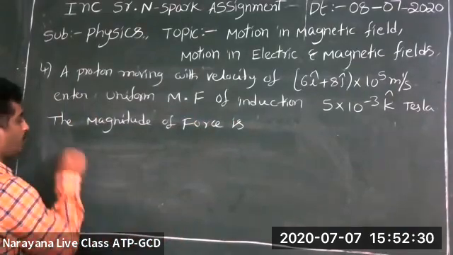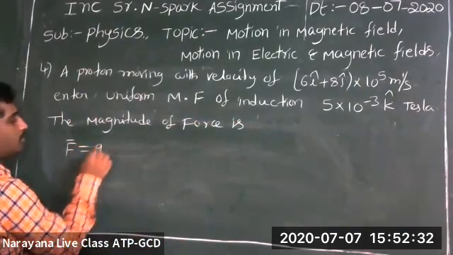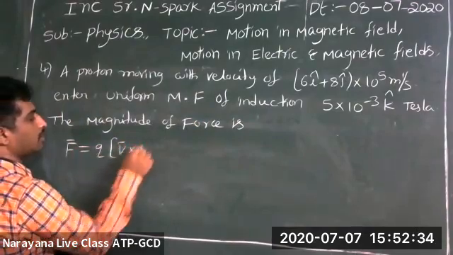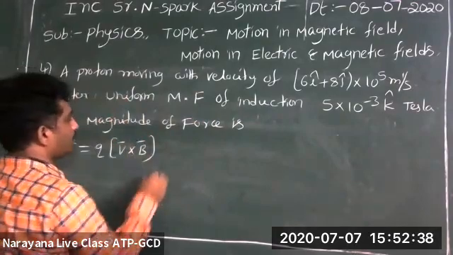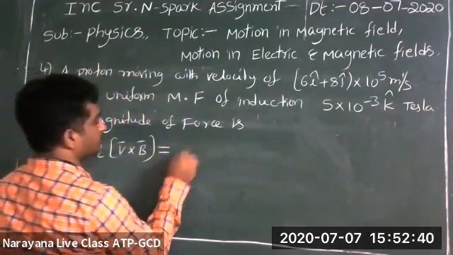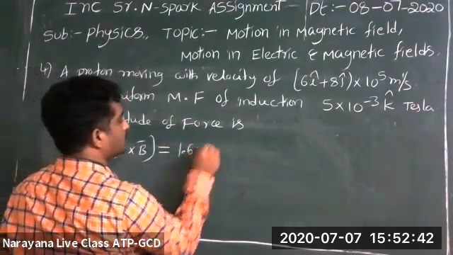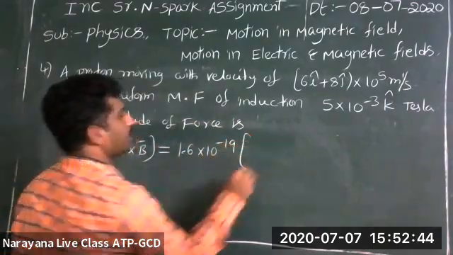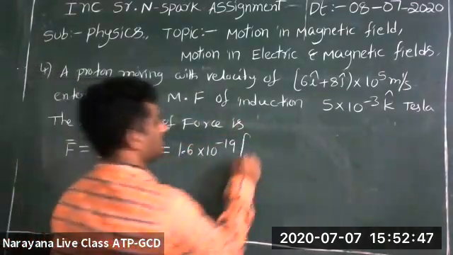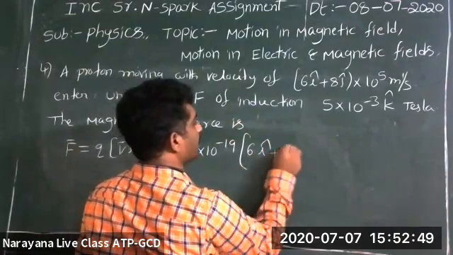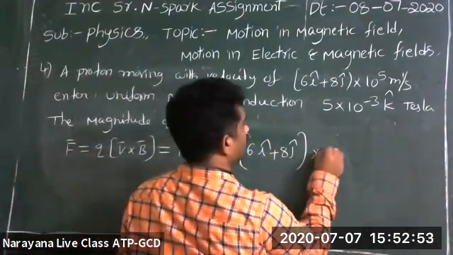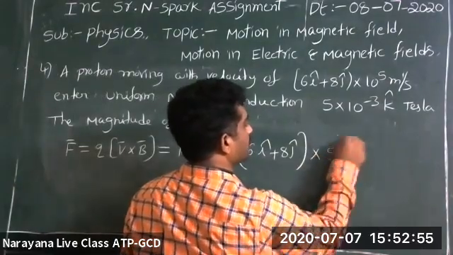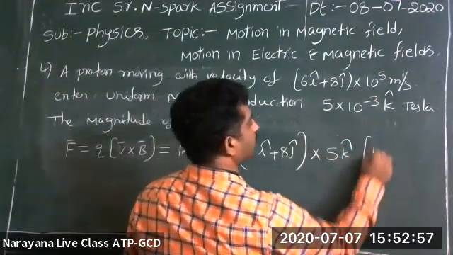You know the F bar is equal to Q into V bar cross B bar. So this is the proton charge, 1.6 into 10 power minus 19. V bar is 6 i cap plus 8 j cap cross B bar. B bar means 5 k cap, into 10 power 5 into 10 power minus 3.